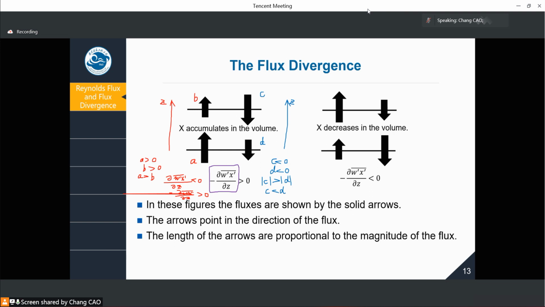And in the right picture, we find that it is convergency.